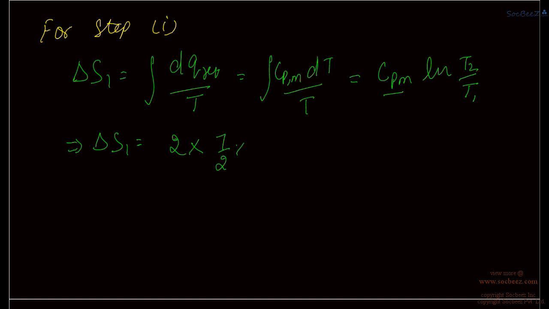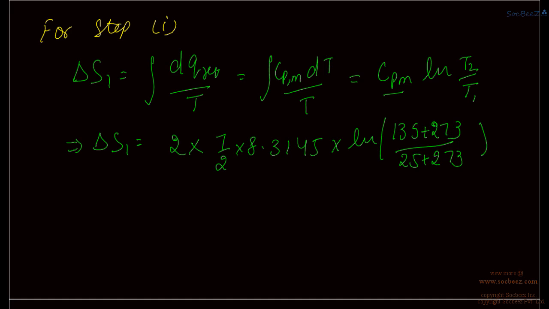So 2 into 7 upon 2 into R, that is 8.3145, into ln of (135 plus 273) upon (25 plus 273), and the unit is joule per Kelvin. So from here value of delta S1 equals 18.3 joule per Kelvin.